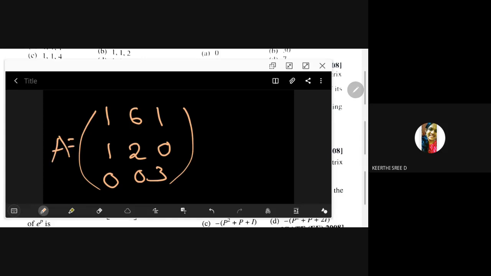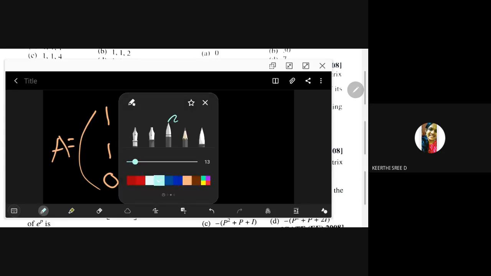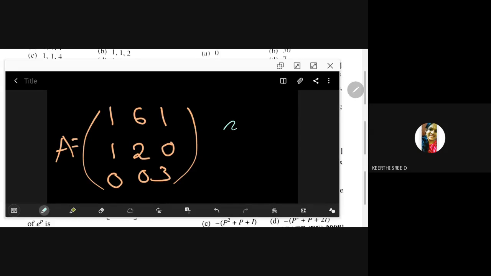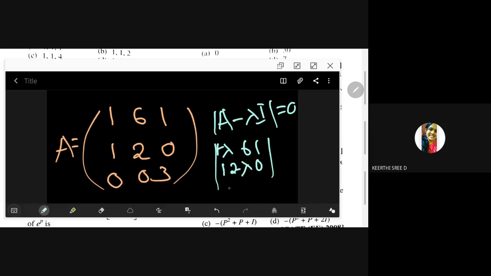Then your characteristic equation: determinant of A minus lambda I is 0. What is this A minus lambda I? 1 minus lambda, 6, 1, 1, 2 minus lambda, 0, 0, 0, 3 minus lambda, is 0.